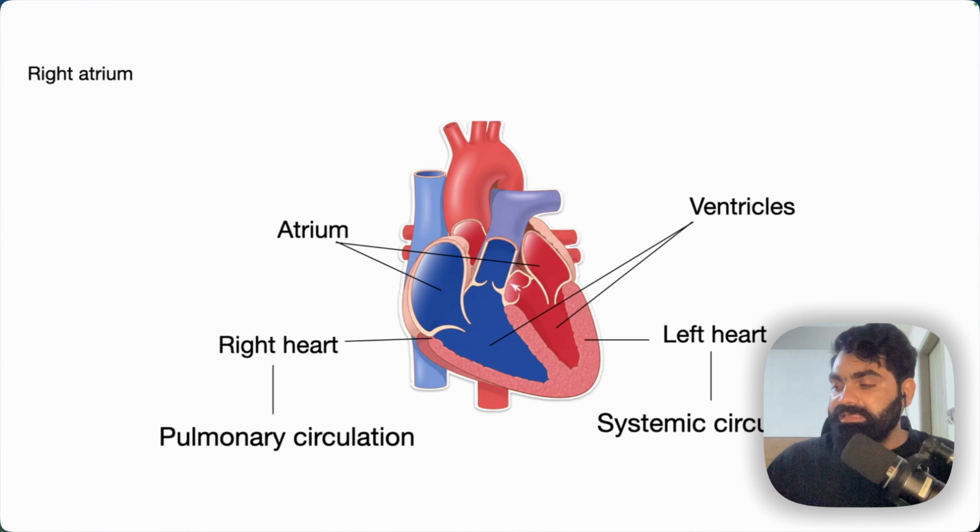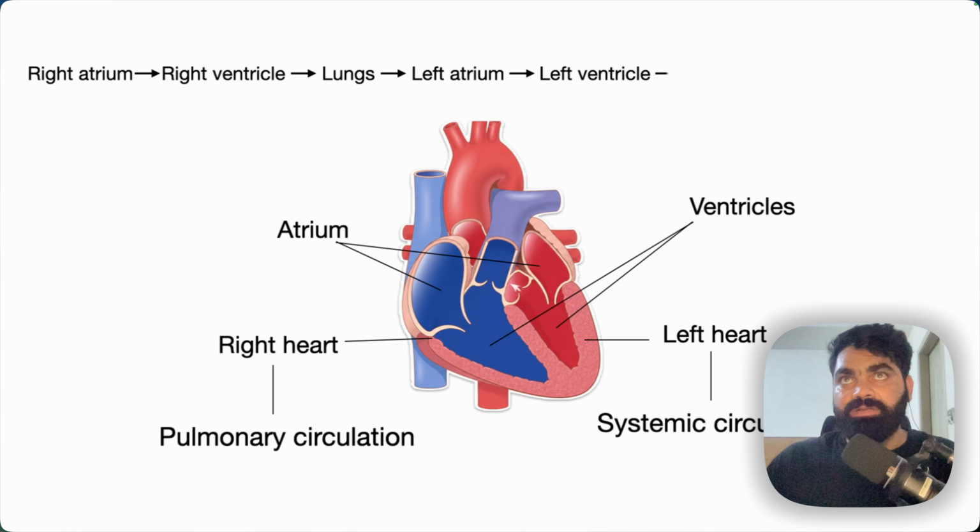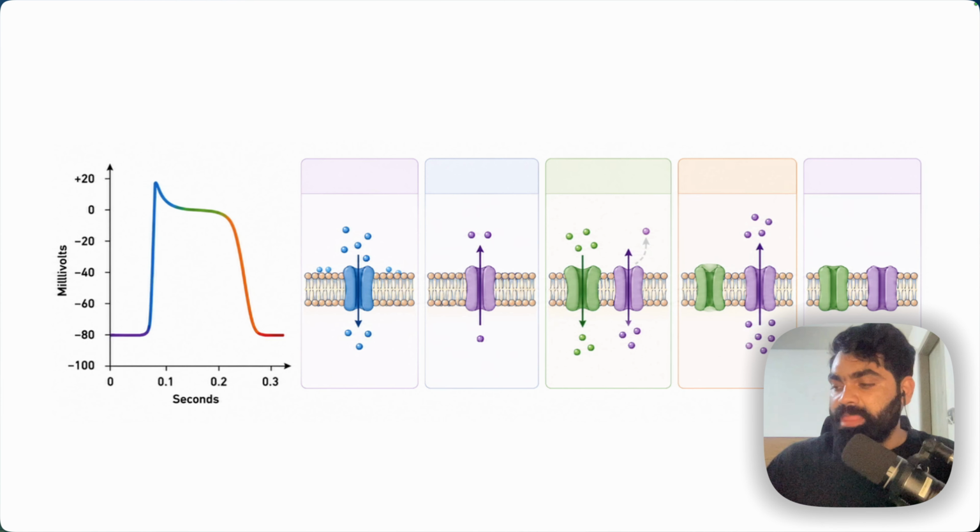The right atrium receives deoxygenated blood from the body, then it goes to the right ventricle, and from the right ventricle it goes to the lungs, and then the left atrium, then the left ventricle, and then systemic circulation happens.